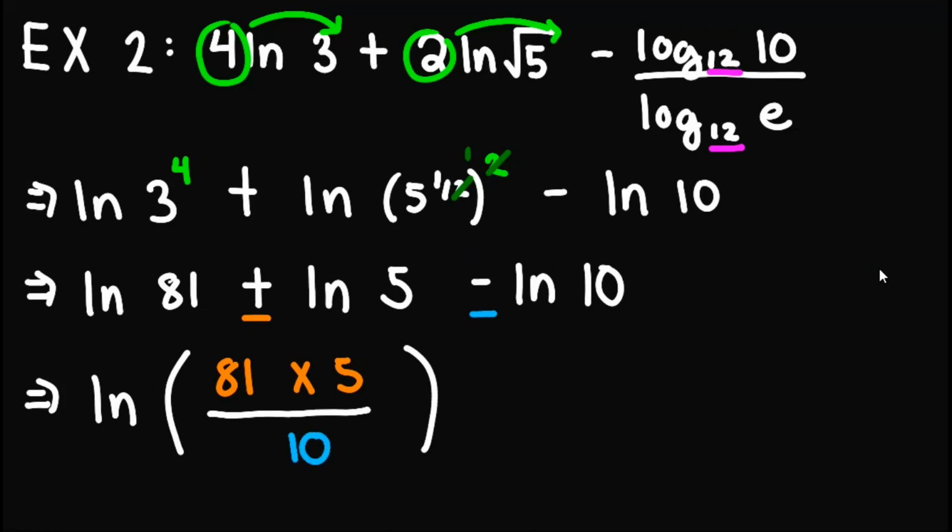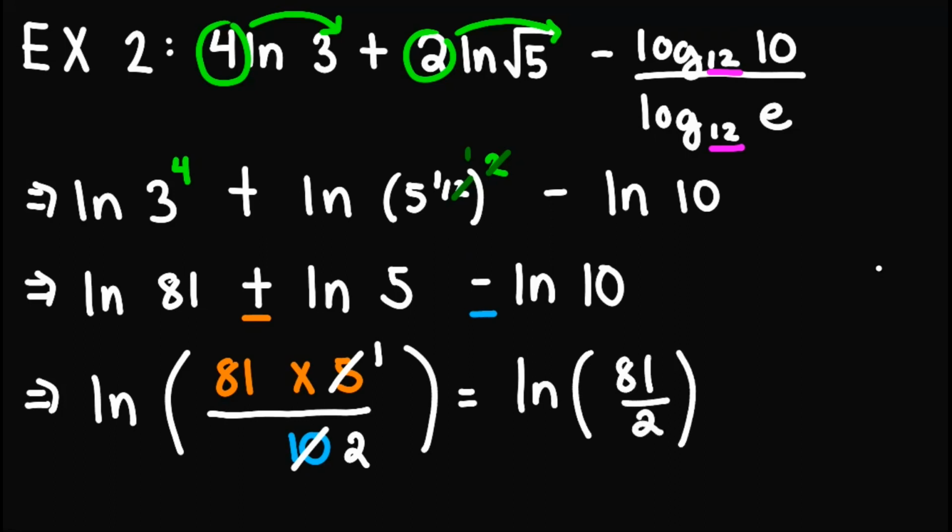So now we just simplify this one inside. Note that this one will become 1 and this one will become 2. So we'll be left with the ln of 81 over 2. Or if you want it to be decimal, it is simply ln of 40.5.